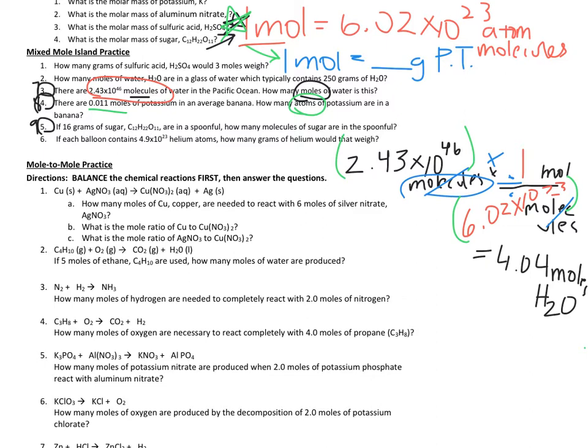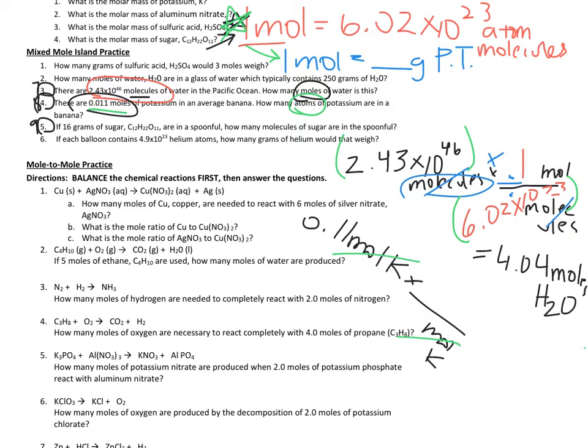So we're going to set this up by starting with what we're given. So in our question, we are given 0.011 moles of potassium. And then we're going to have our conversion factor, where we want to make sure that the moles cancel. So that mole to cancel, it has to go on the bottom. Moles of K on the bottom, so that they cancel.